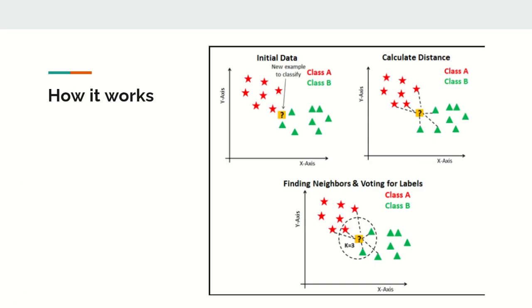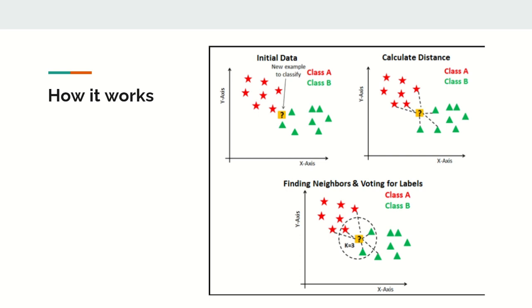The term nearest is, as mentioned again, determined by the Euclidean distance. Once we have a number k, here k is the number of nearest neighbors to a certain point that we want to find or classify. Looking at the first diagram, the new example to classify is given by the question mark.